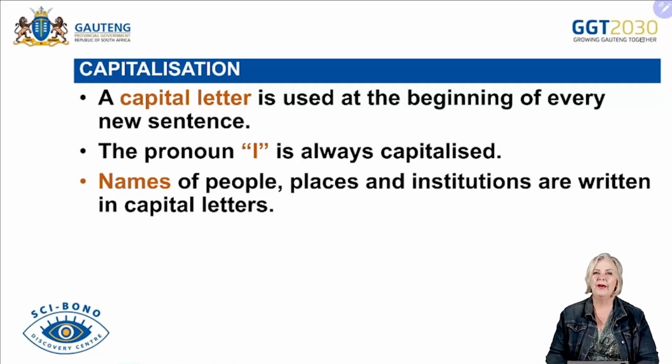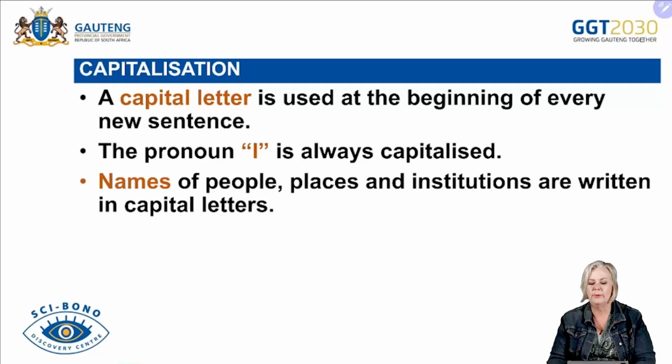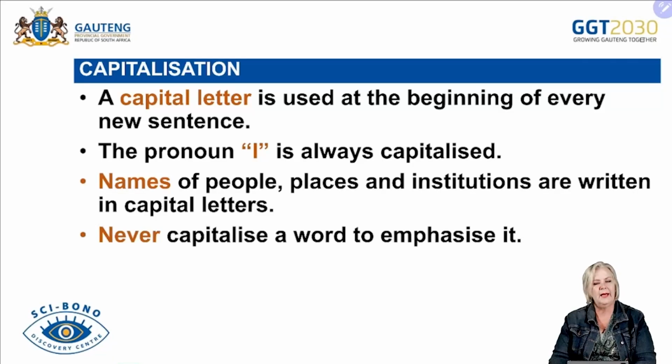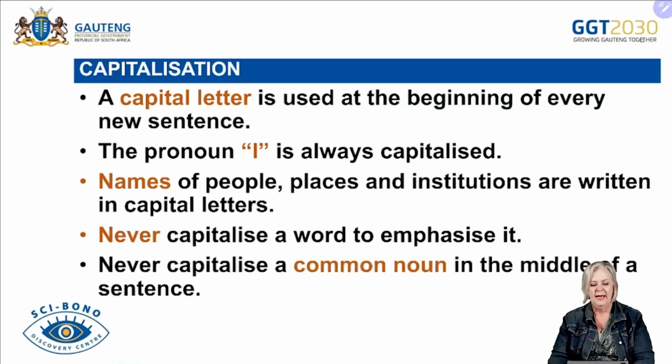Sometimes you want to emphasize a word and then you capitalize it. I'm sorry to say that becomes a grammatical error and you will be penalized for it. So try as much as possible to use your capital letters in the appropriate places. Never capitalize a word to emphasize it. Never capitalize a common noun in the middle of a sentence.